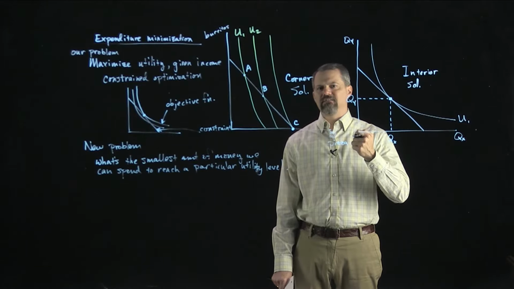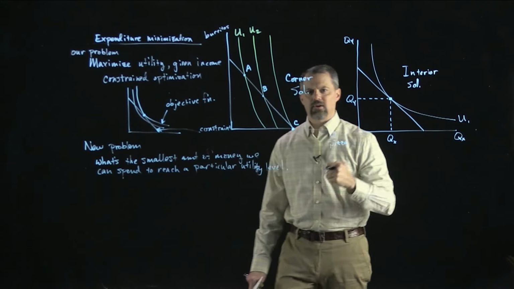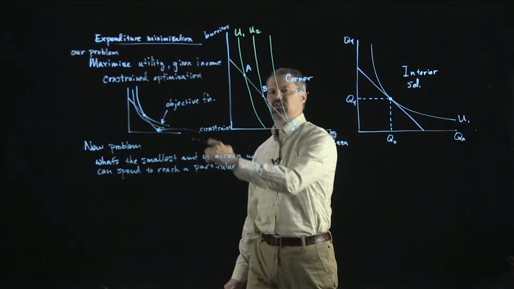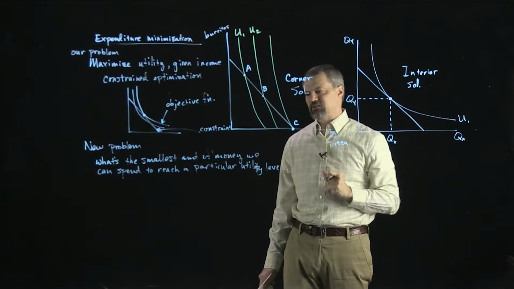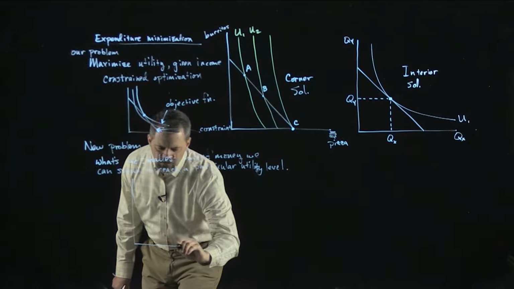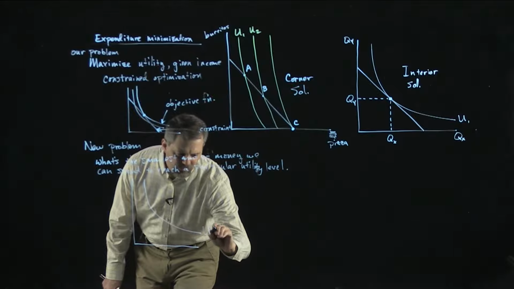So our objective function now is going to be not the curved line or the curved thing, it's going to be the line. And our constraint is not going to be the line, our constraint will be the indifference curve. So here's what this problem looks like now. Here's the constraint. We need to reach that level of utility.